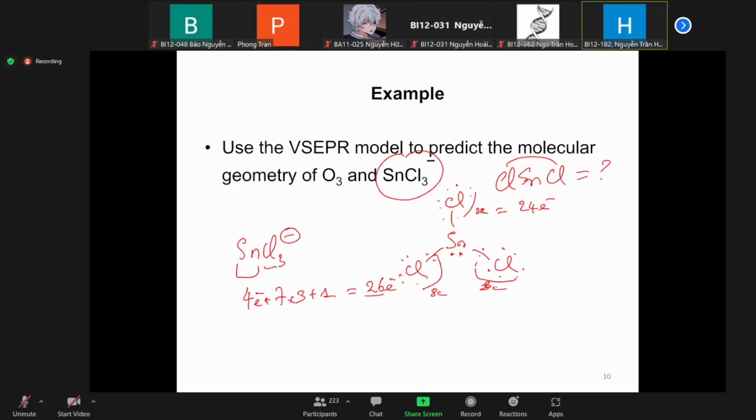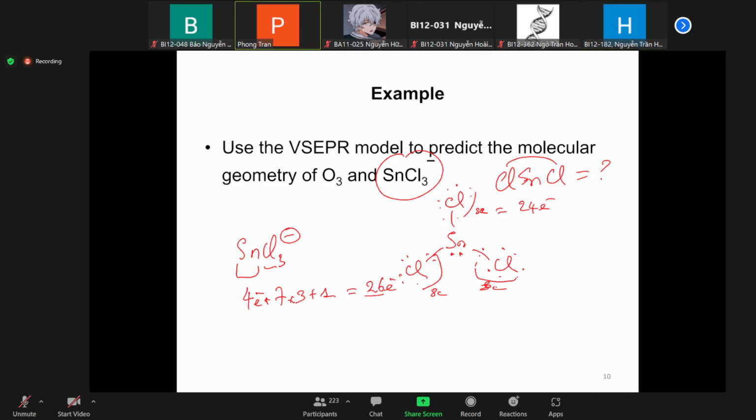Why? Because it bonds with 3 chloride atoms and has one pair of non-bonding electrons, which results in normally a tetrahedral shape, but we do not count the non-bonding electron pair, and therefore it forms a trigonal pyramidal.